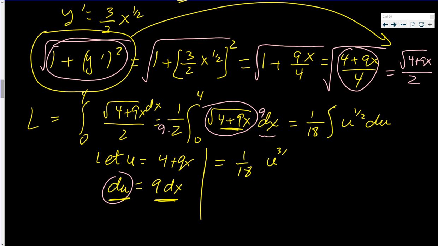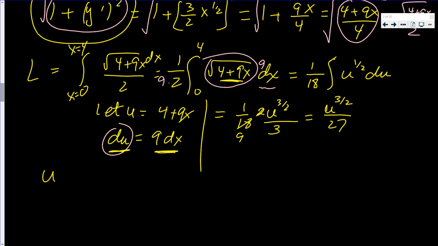You add 1 to the power, and then you divide by 3 over 2. And you get, well, 2 goes into 18 9 times, and then 9 times 3 is 27. Now, you have two options. You can convert back to x's and then plug in the x units, or you can change the limits to u limits.